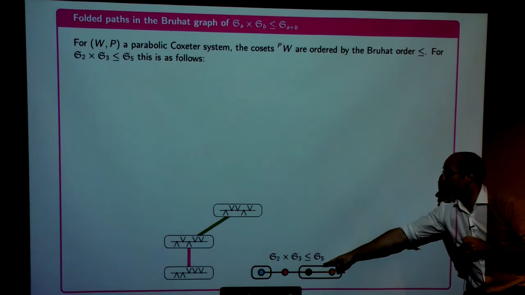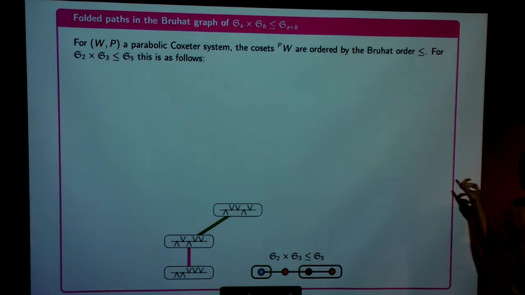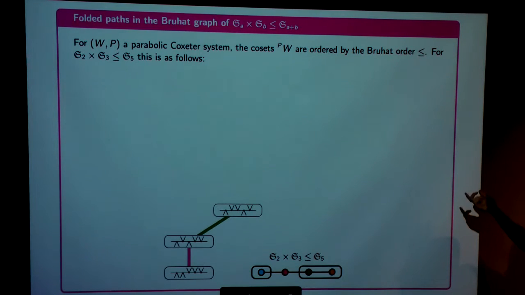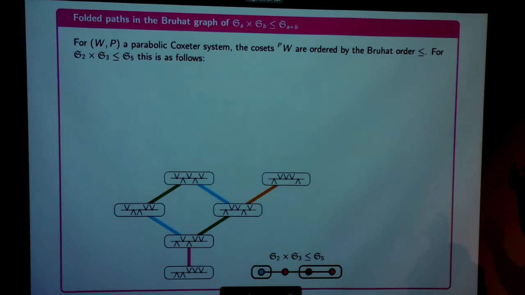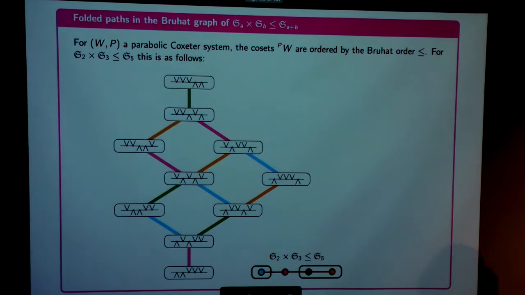If I use 3, 4 to swap the third and fourth things, I use a green line, etc. And so this is the Coxeter graph for this parabolic Coxeter system. And this is the Bruhat order, which is basically: use these reflections coming from the Coxeter system and record how many of the reflections you use to give you the height in the graph.